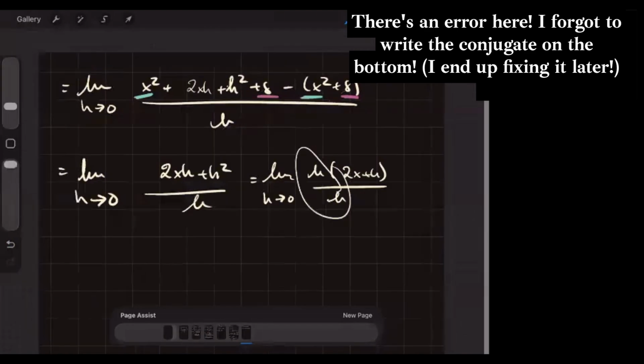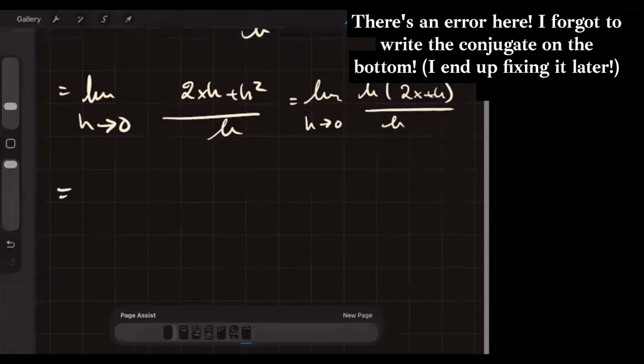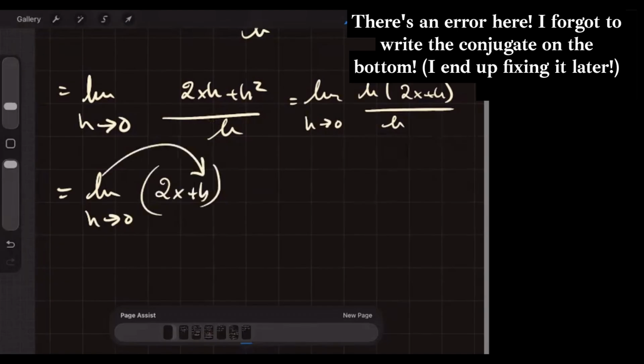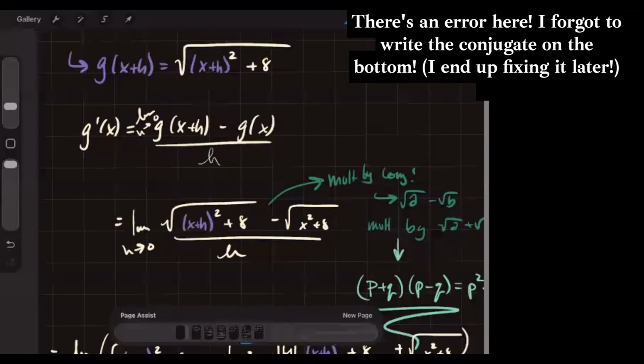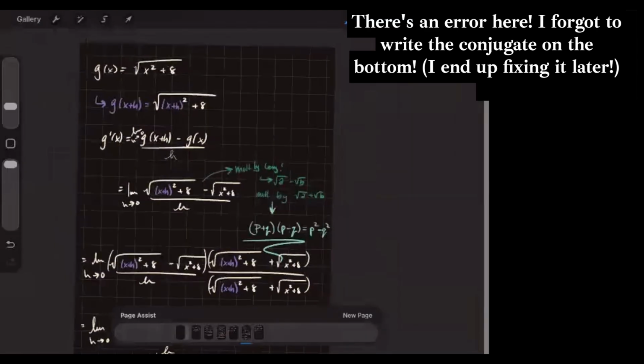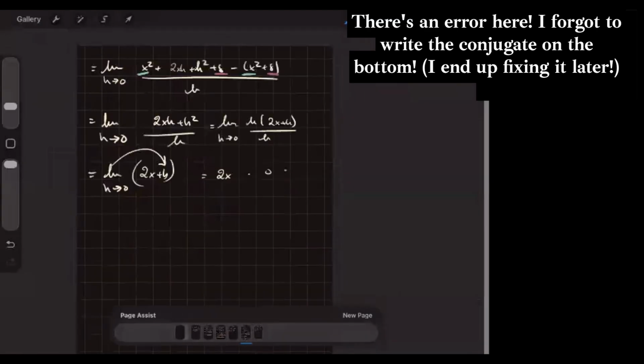These two cancel out into 1. Okay, into 1. Limit as h approaches 0 of 2x plus h. You apply the limit. That gives you 2x. Yeah, that wasn't so bad.